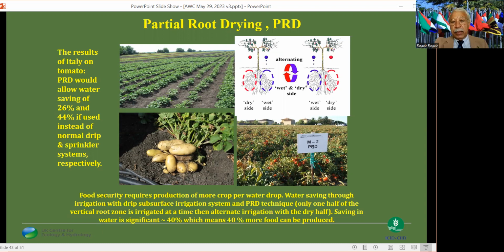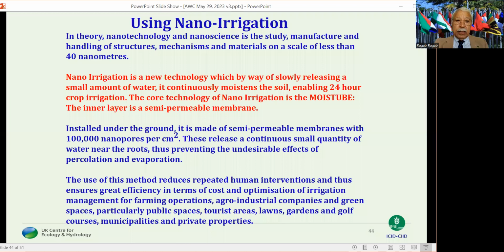And more than that, we are now moving towards nano irrigation, which is a low flow for a longer period, and most of the time we use semi-permeable lines or tapes to irrigate for a longer period.